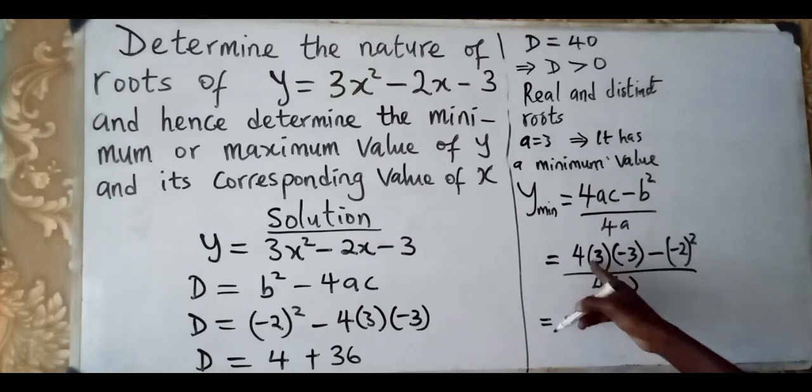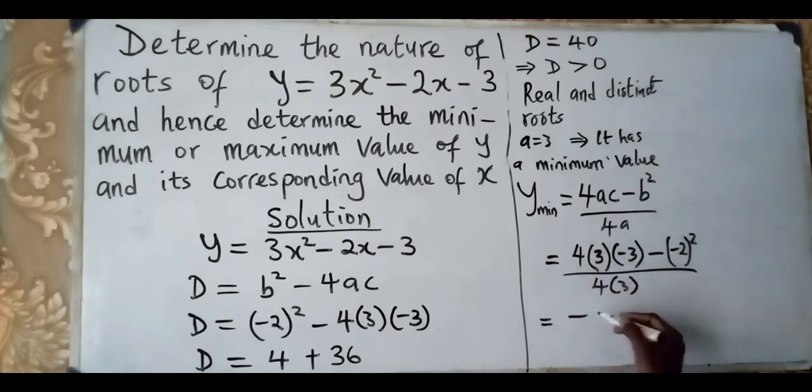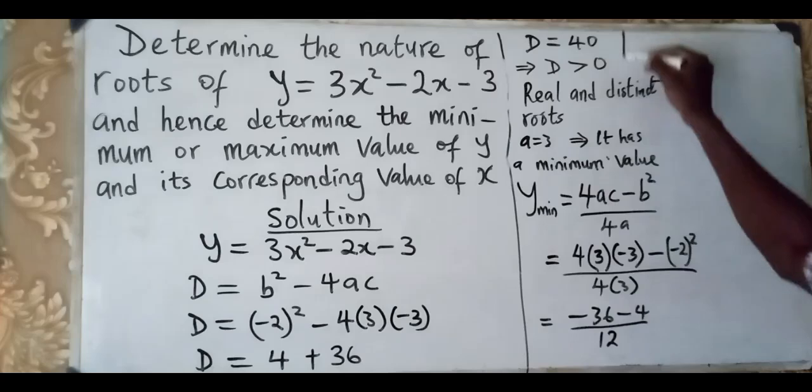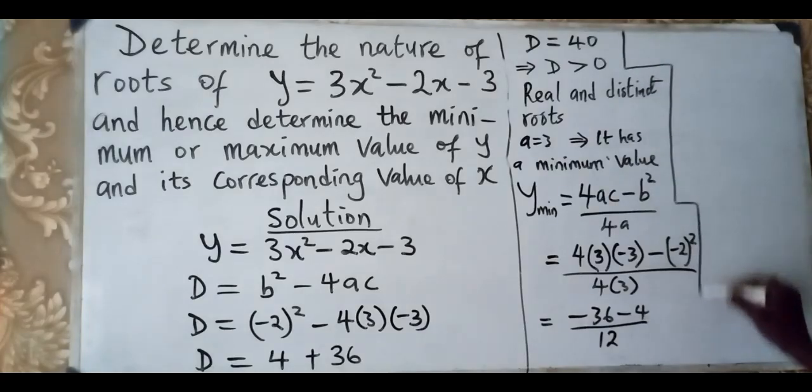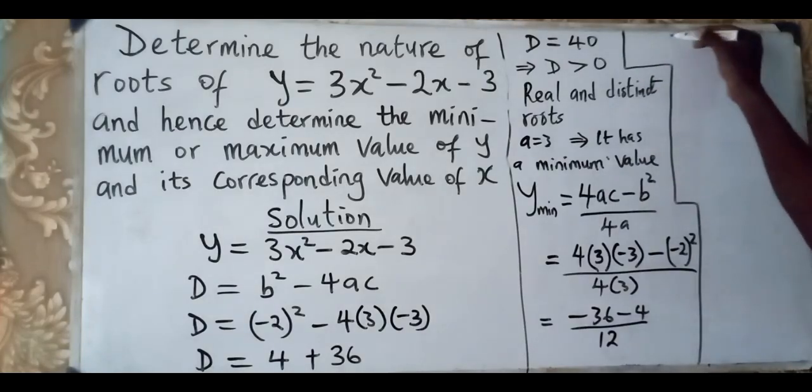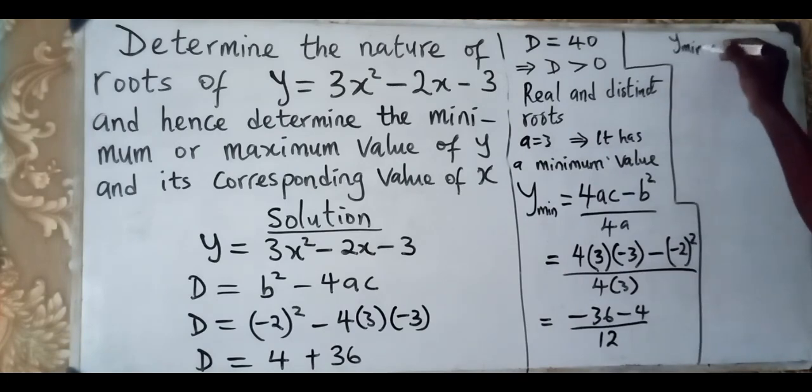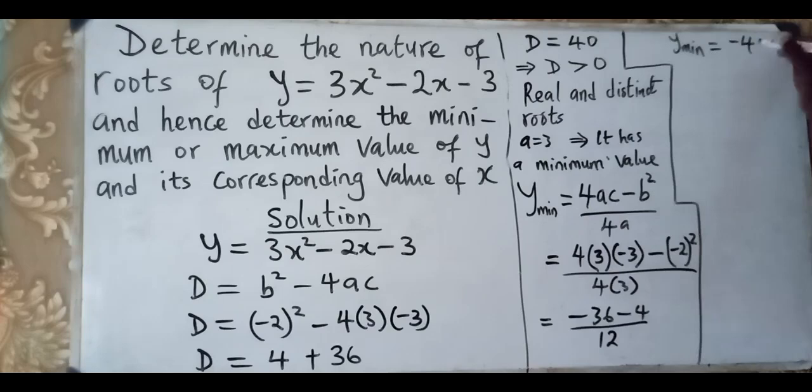Solving this, we have minus 36, then minus 4, all over 3 times 4, 12. So this gives us y minimum equals minus 40 over 12.